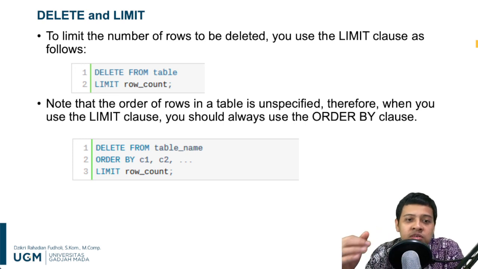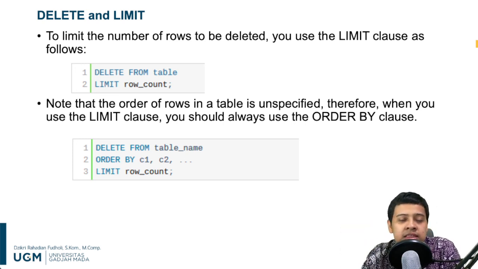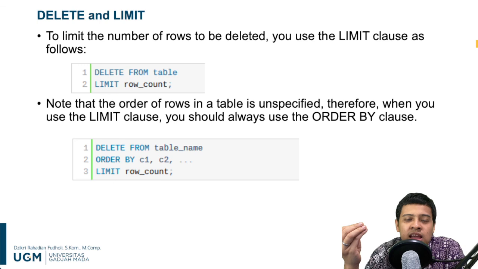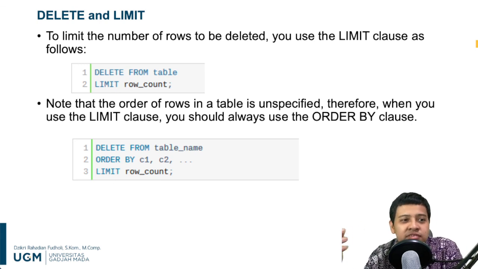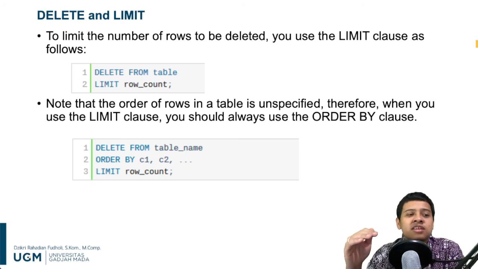But if we use order by, for example, if you want to delete the five highest paid employees, then we can just order by the fee, and then we limit 5, and then we delete all of the 5.